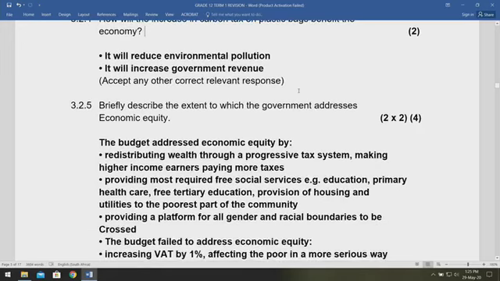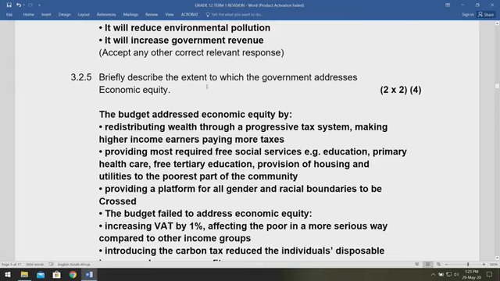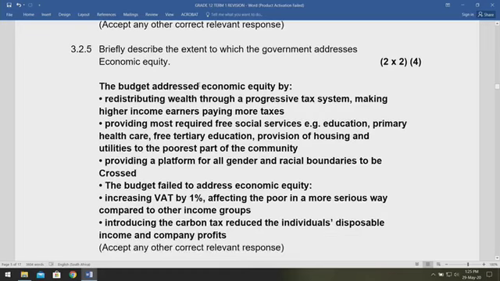3.2.5, briefly describe the extent to which the government addresses economic equity. Okay. So here they're not being very specific. This is a very open-ended question in that they're not saying to you what are the positives or what are the negatives.